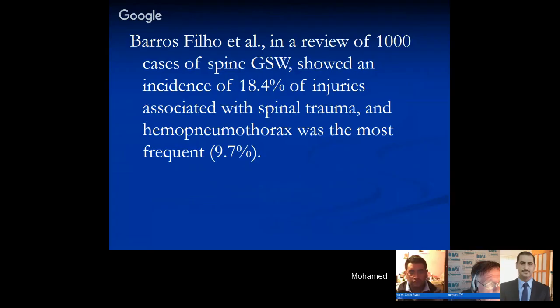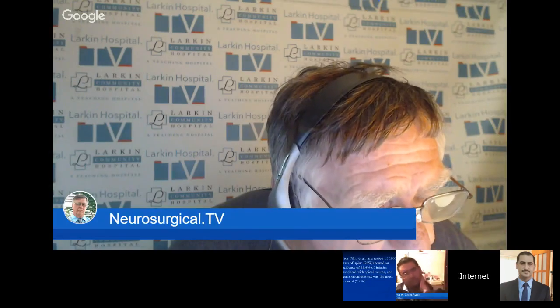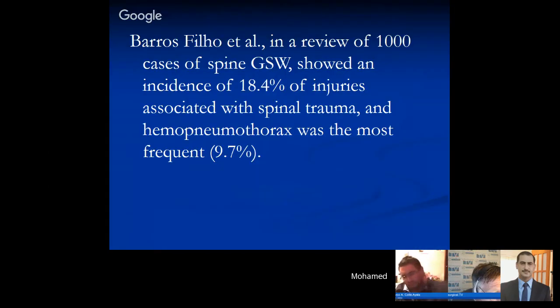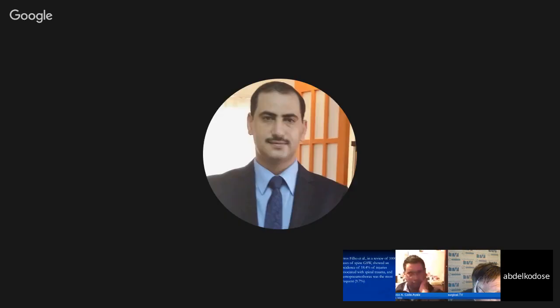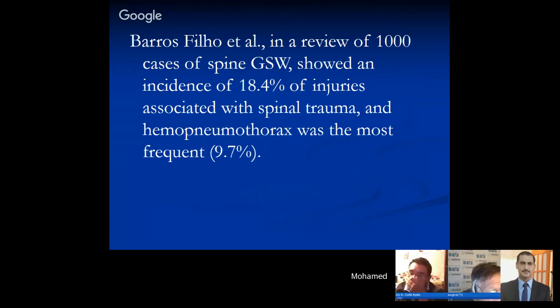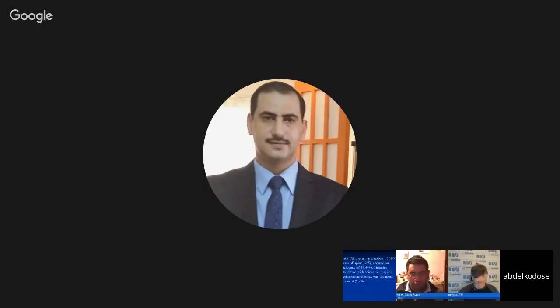A study of 1,000 cases of spinal gunshot showed an incidence of 18.4% of injuries associated with spinal trauma. The most frequent associated injury of these spinal penetrating injuries was hemorrhagic.